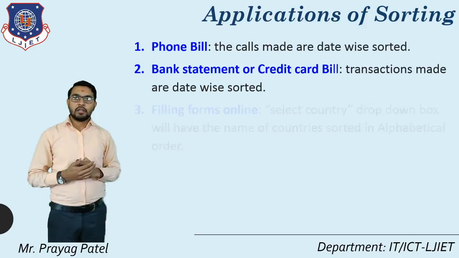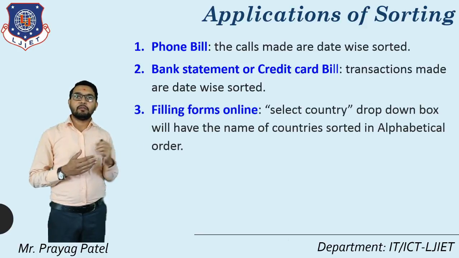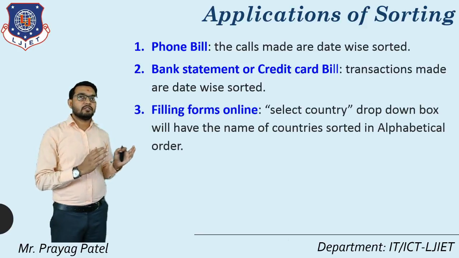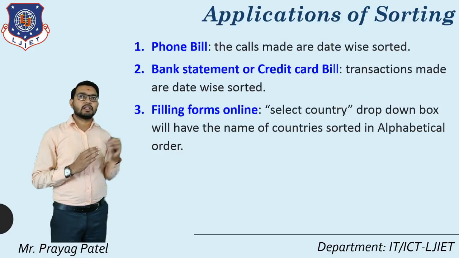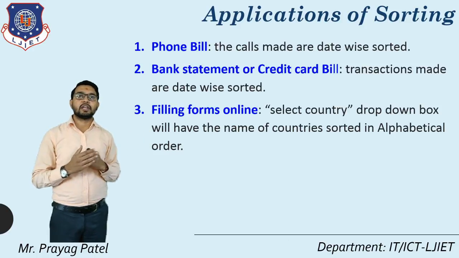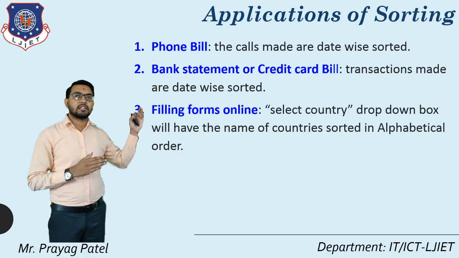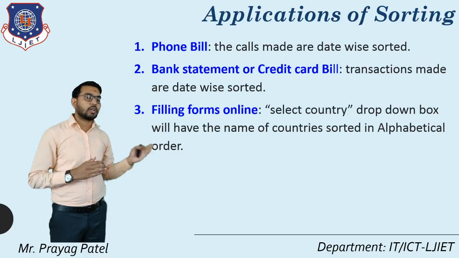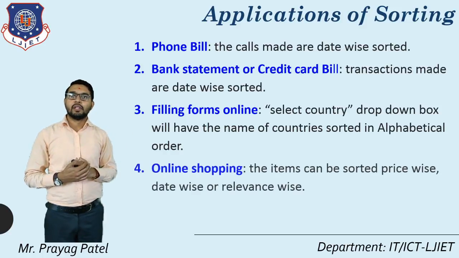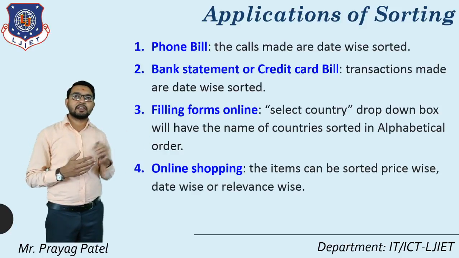Third is filling out a form online. Here consider the select country drop box, which has many countries. All the countries are sorted in alphabetical order. This is an application of sorting.